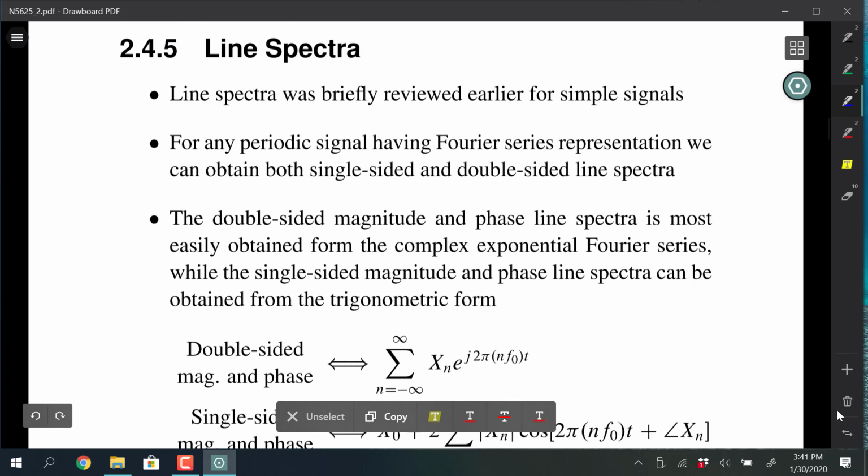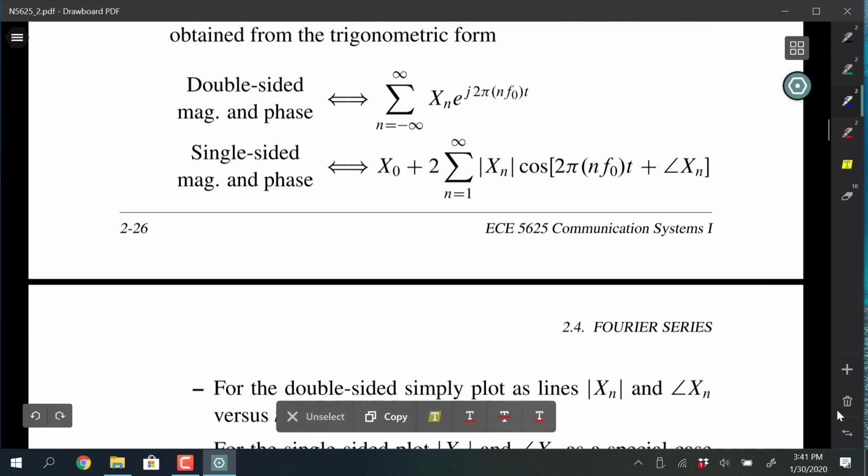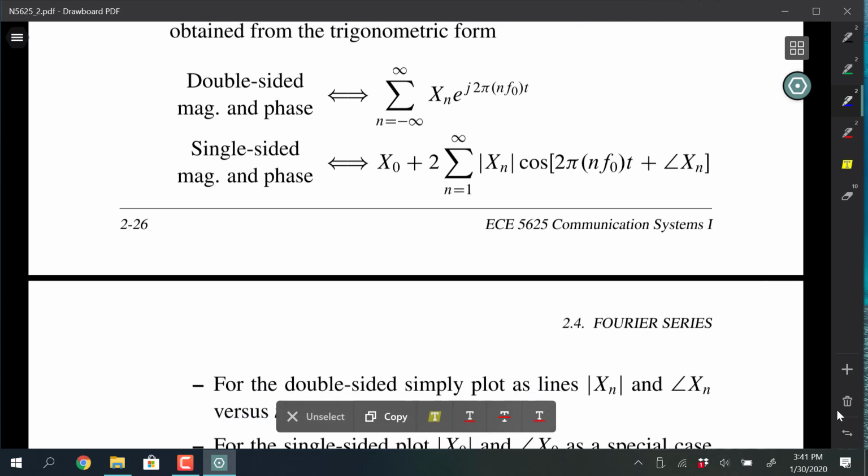Line spectra also follows very naturally in the Fourier series domain, because we already talked about double-sided spectra, so that follows immediately from the Fourier coefficients. You get the magnitude and the phase from the xn coefficient in the two-sided domain, and then this other form, what I call the magnitude and phase form, has it as a one-sided spectrum.